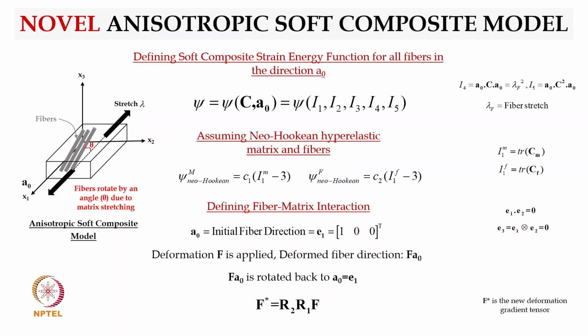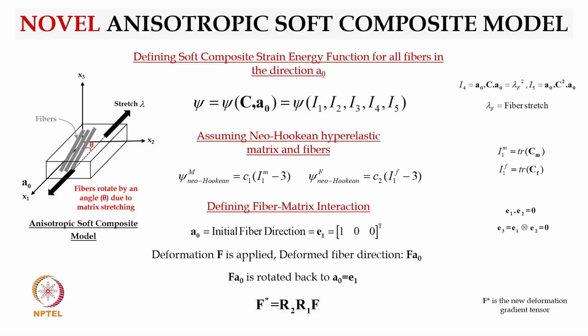So this is what is written here. The number one thing I am assuming is that I am trying to define an interaction between the fiber and the matrix when you apply an overall stress-strain response. Fibers rotate by an angle theta due to matrix stretching, which establishes the interactions. So this is known as an anisotropic soft composite model, which we are claiming.